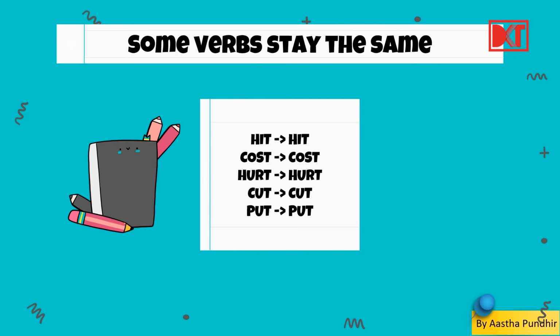Okay, now there are a few verbs which stay the same in the past tense too. Like we saw many verbs, like give becomes gave, I am becomes I was, he is becomes he was, we are becomes we were, in this way. But some verbs stay the same, like we have hit, hit stays the same.